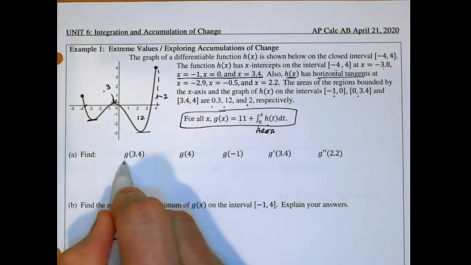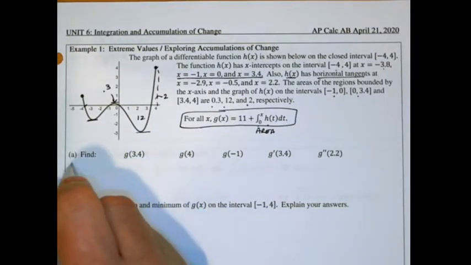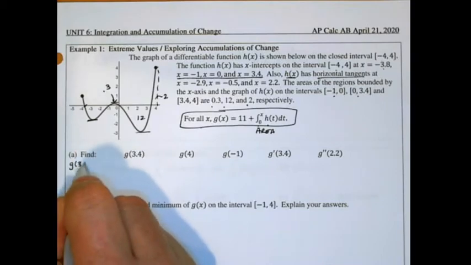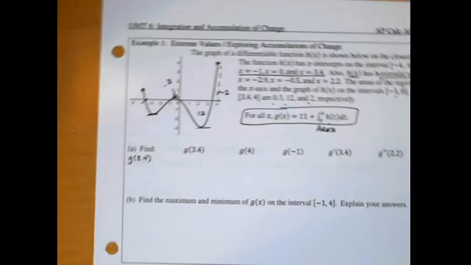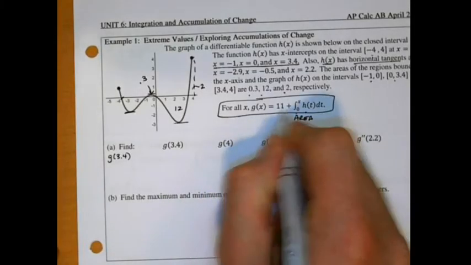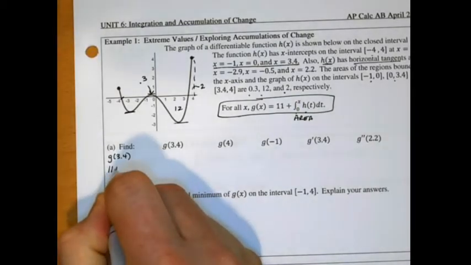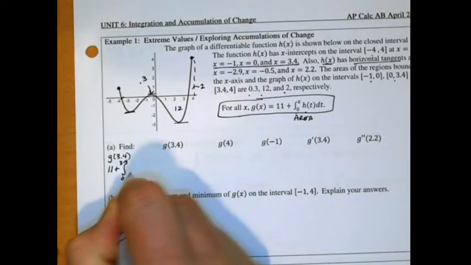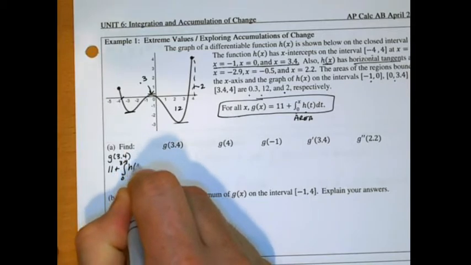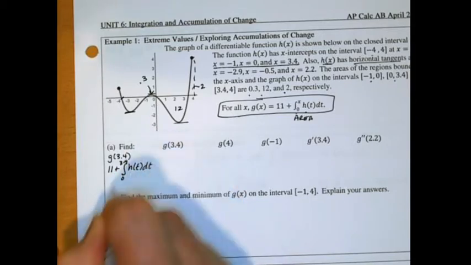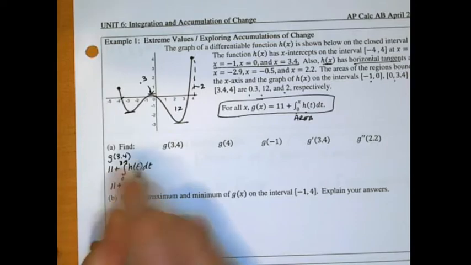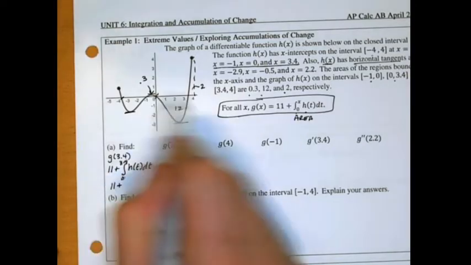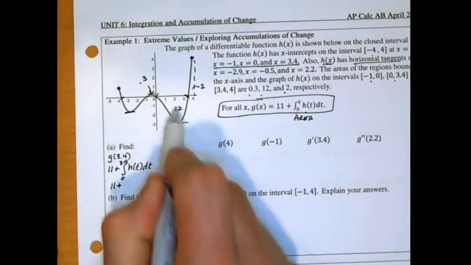All right, g of 3.4. What you are going to do is just plug in. So that's going to be 11 plus the area between 0 and 3.4 of h of t dt. And the area between 0 and 3.4 is this 12.